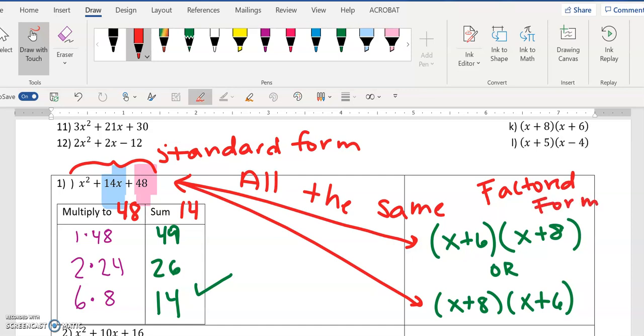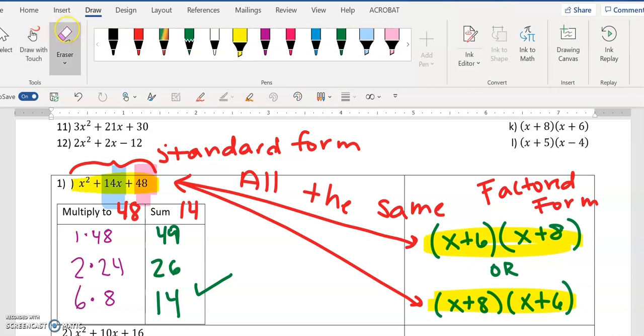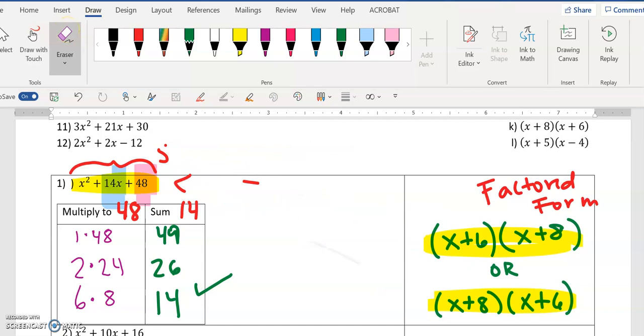But they really are the same expression, and like we practiced last week, if you were to FOIL either one of these binomials to do double distribution, first, outer, inner, last, you would get the problem we started with. That's what I mean by they're all the same. They're just written in different forms.